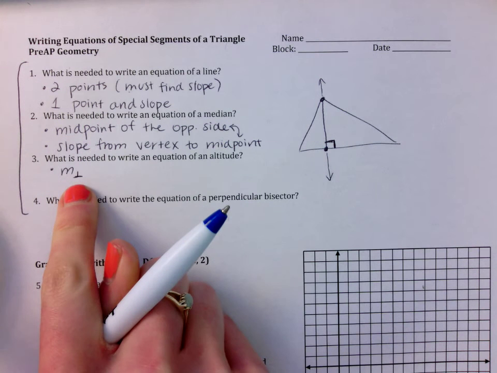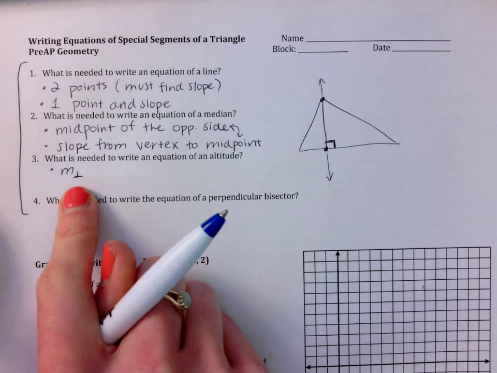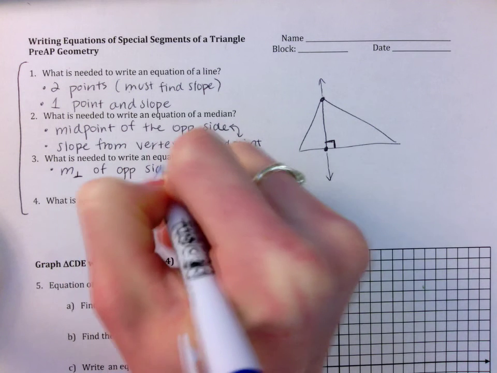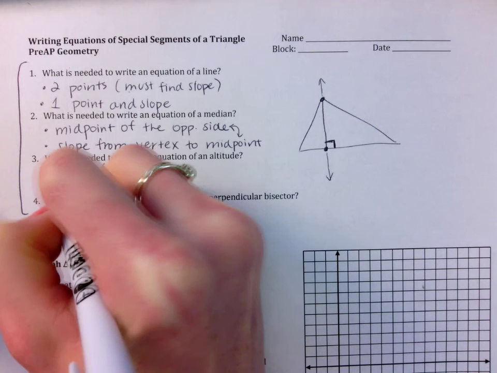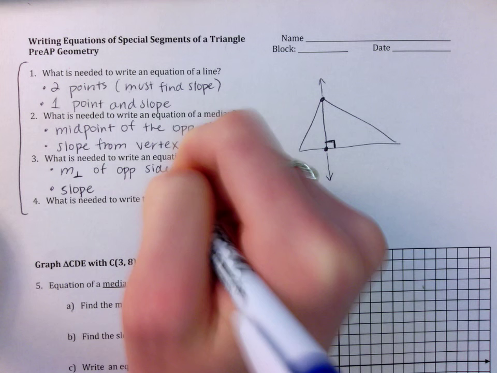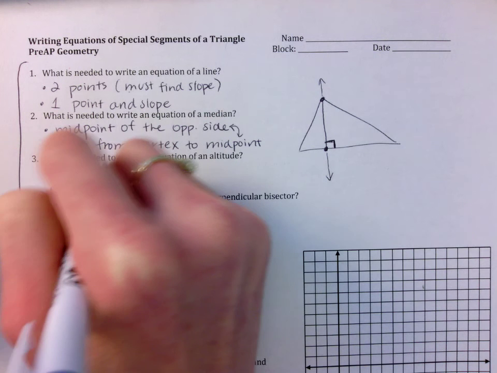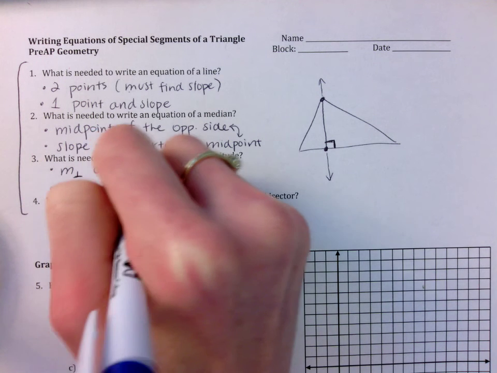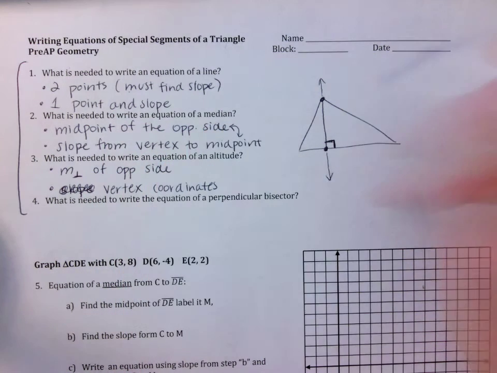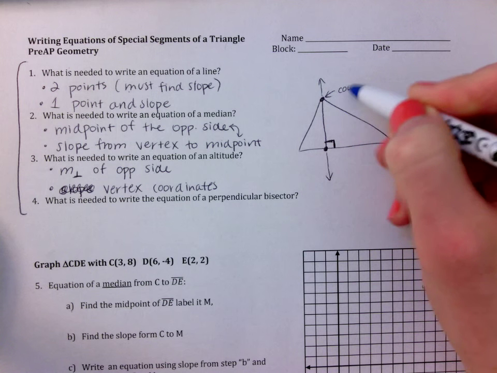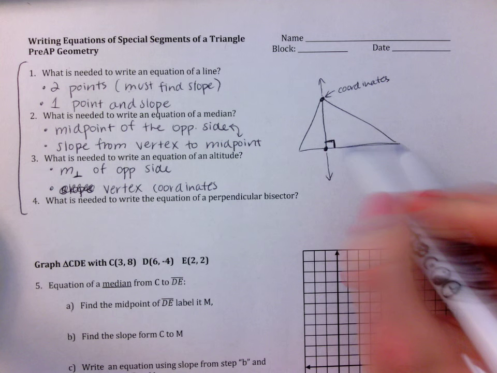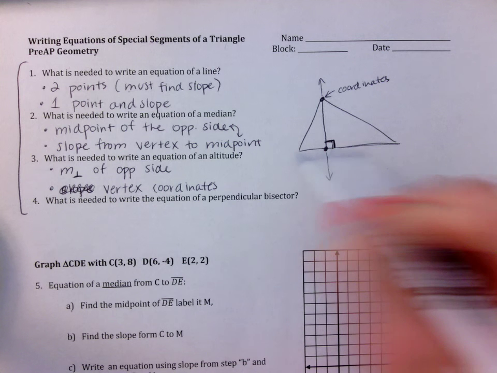That's just the shorthand or representation of perpendicular slope of opposite side, and you need the vertex coordinates.